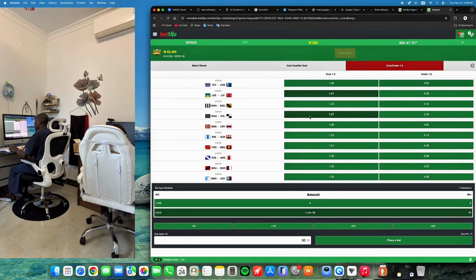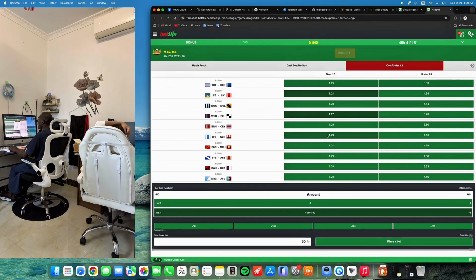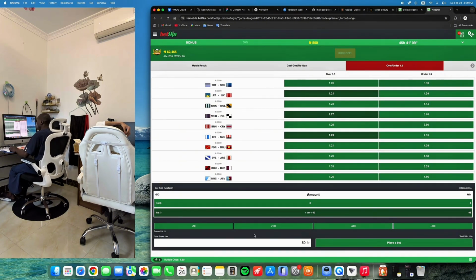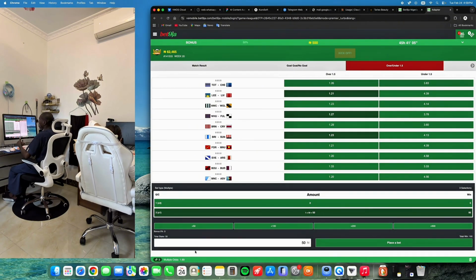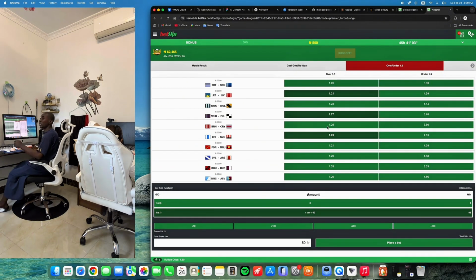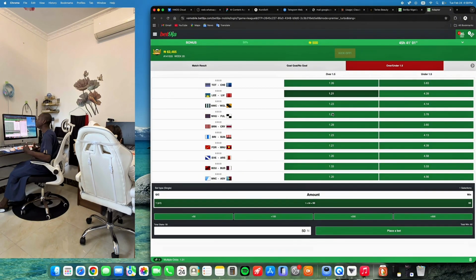Fulham, and where's Sunderland? Okay. Now, these three teams combined will give us a total of 1.89 odd. Well, if we are going by just picking only one, the odd will be 1.21 odd.